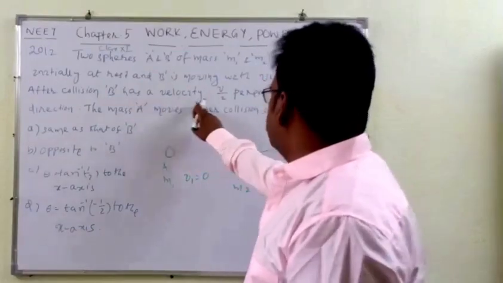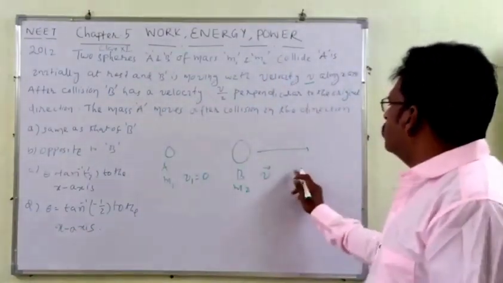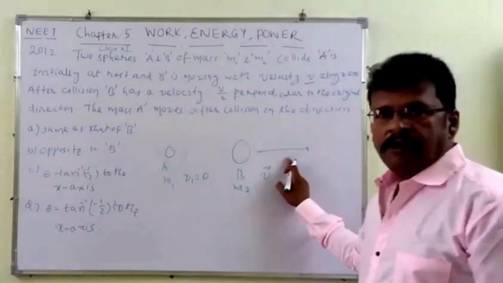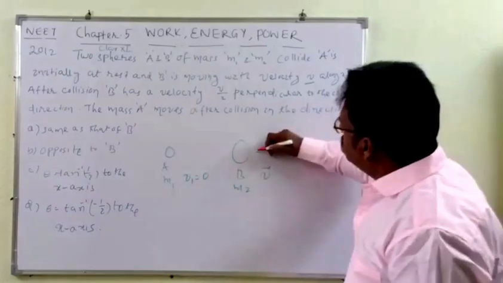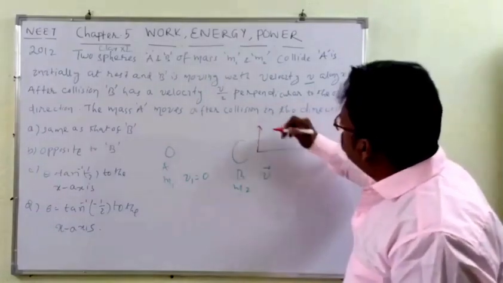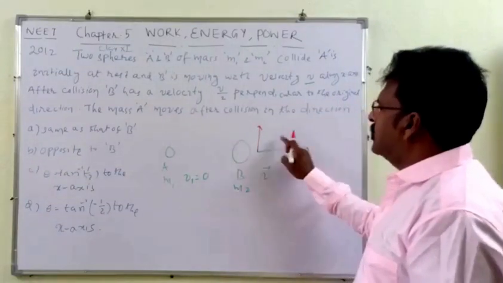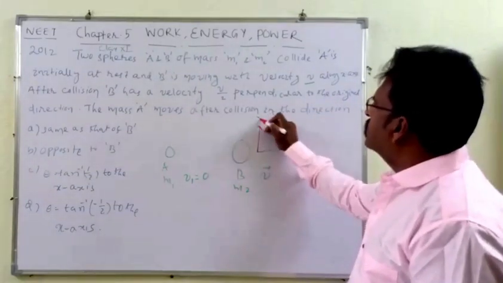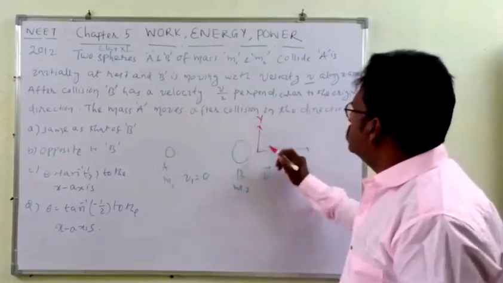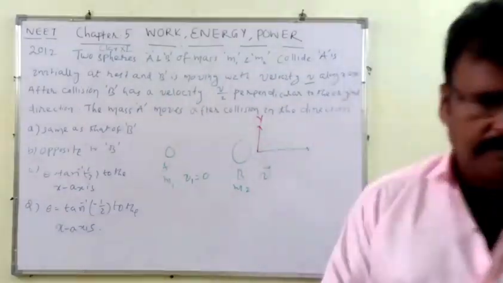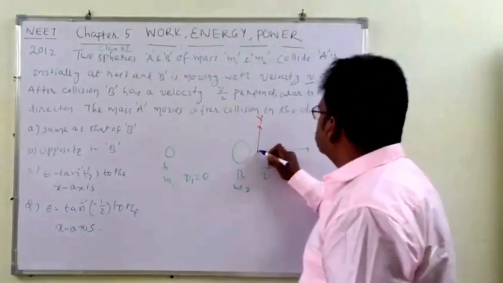After collision, B has a velocity v by 2 perpendicular to the original direction. The initial direction was along the x-axis, so after collision B will move in the y direction, along the y-axis. And suppose A moves making an angle theta with the x-axis.